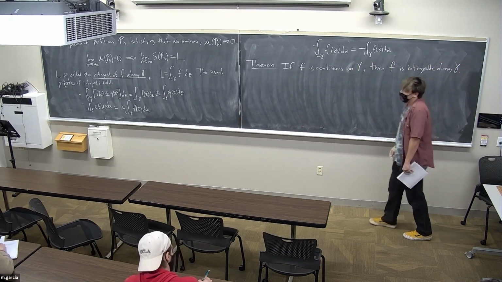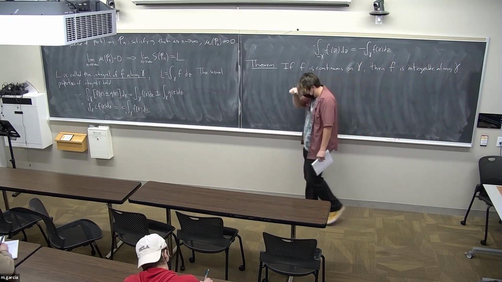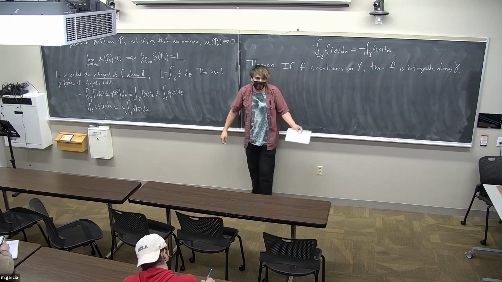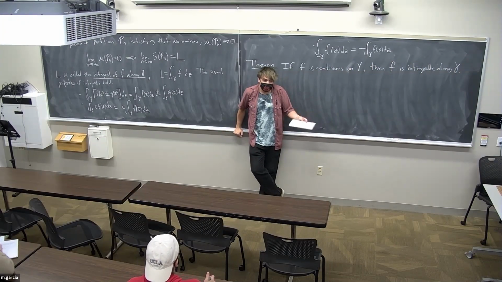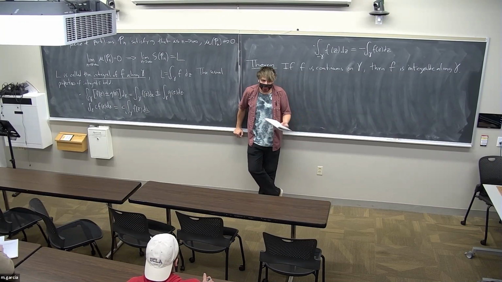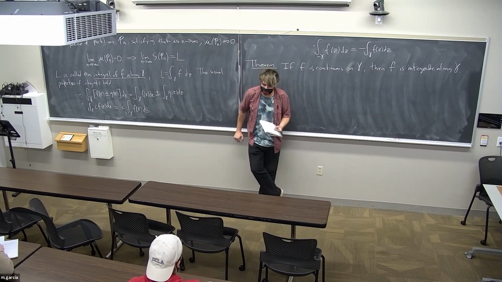Okay, the proof of this is not very illuminating, so we're not going to do it. Again, it mirrors exactly the proof from real calculus. So you can go back and look at your old notes or just look it up on the internet.